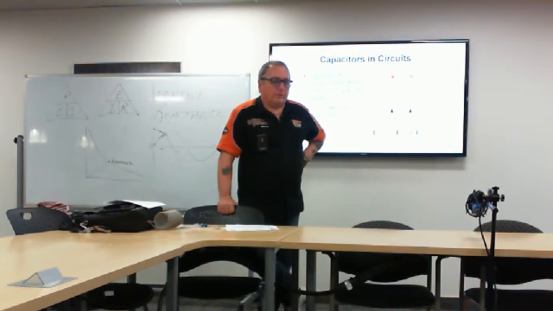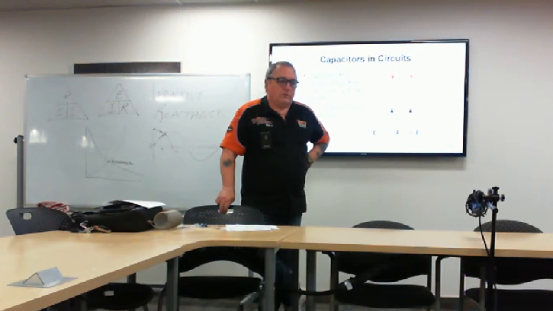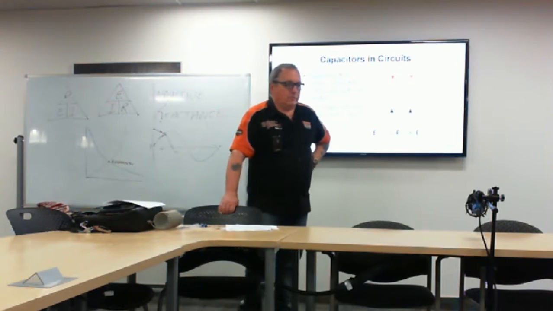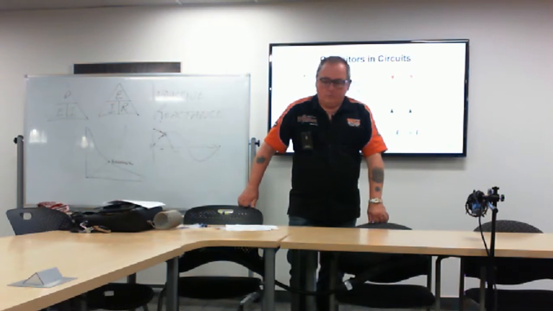Most people are not going to be building radios and building tuned circuits. One place you're going to use this, and I'll bring this up when I teach antennas, is a trap dipole.